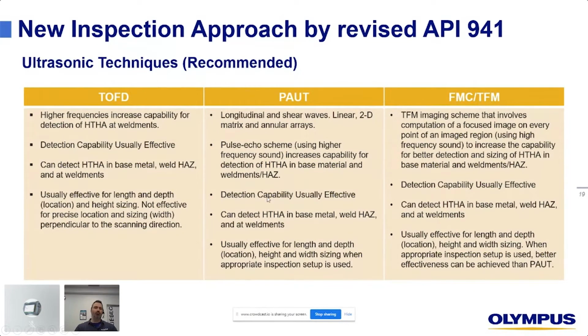Detection capability usually effective, of course. Can detect HTHA in base material, heat affected zone, as well as the weld itself. Same as for TOFD, usually effective for length and depth, location. Height and width sizing are also much improved when appropriate inspection setup is used.